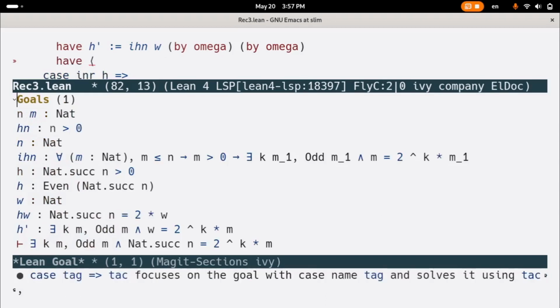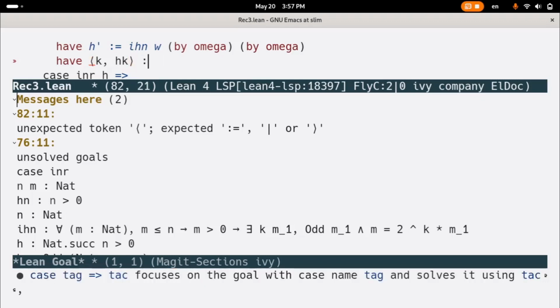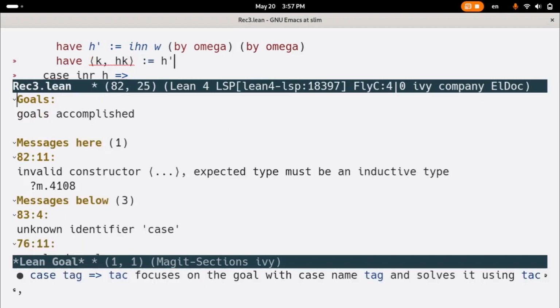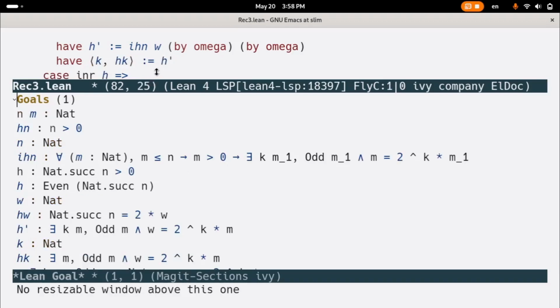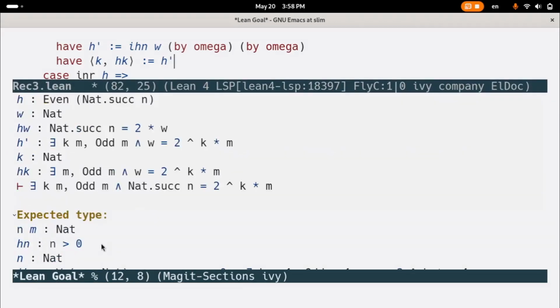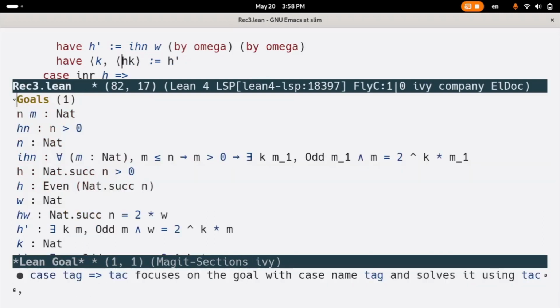So for this, we use the pair syntax to extract these components from the proof of there exists, which is H prime. Notice that HK is still there exists, so we have to do one more pair extraction. And we can do this inline here.